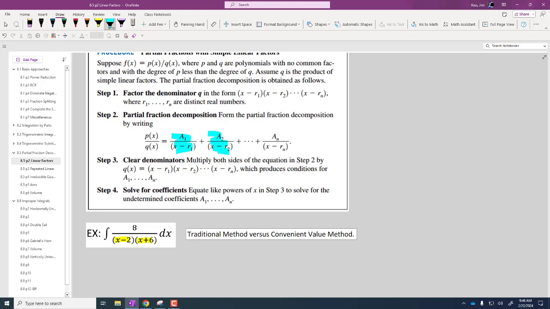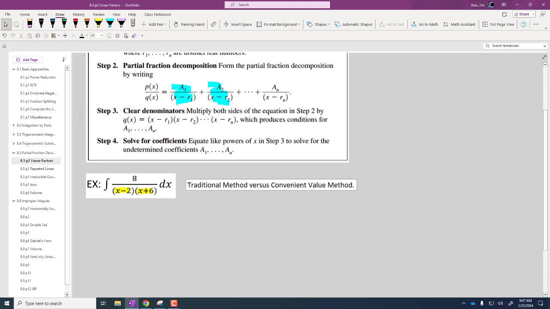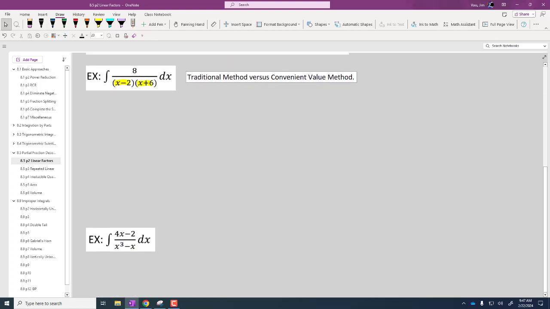Sometimes generalizing makes things look really messy. But really, all they're saying is that we're going to take our rational function, where the numerator is p and the denominator is q, and we're going to factor q, and each of those denominators will create a partial fraction. All right, so here's what we do. And it's really back to algebra.